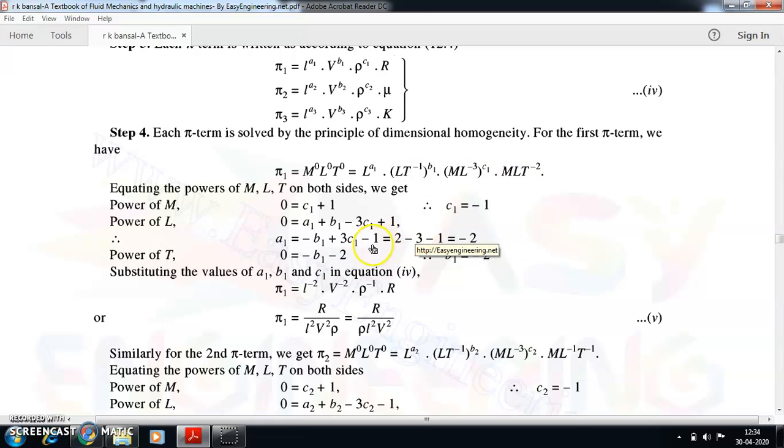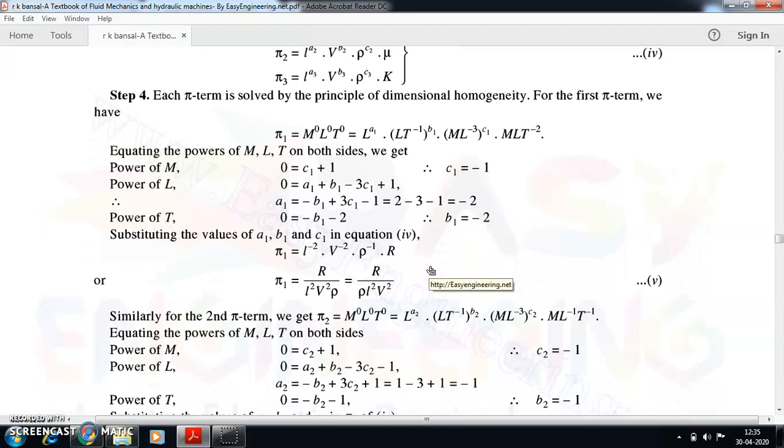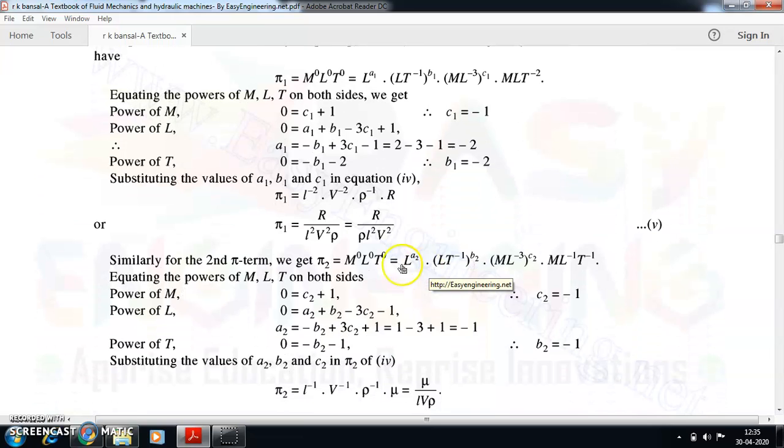Come back here and put it in, and you will get the value of a1. So a1, b1 and c1 values are done. The pi 1 term can be written as L to the power of minus 2, V to the power of minus 2, rho to the power of minus 1, into R. Substituting a1, b1 and c1, I get pi 1 as R divided by rho L square V square.